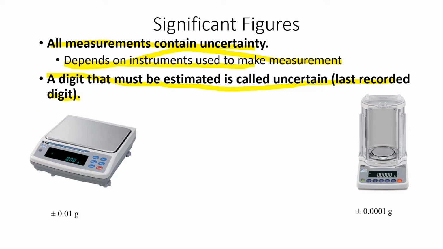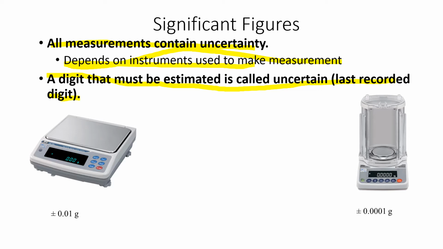Its certainty runs out in the tenths place. Meanwhile, on the balance on the right, we have certainty all the way down to the thousandths place, but now we're uncertain at the ten-thousandths place. So there's a different degree of certainty in the measurements if we were to weigh something on each one of these balances.